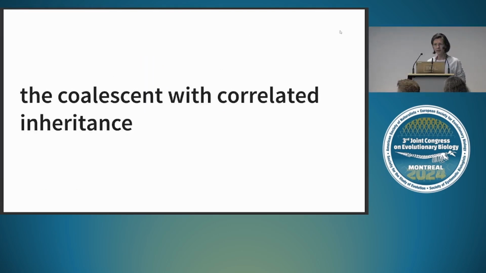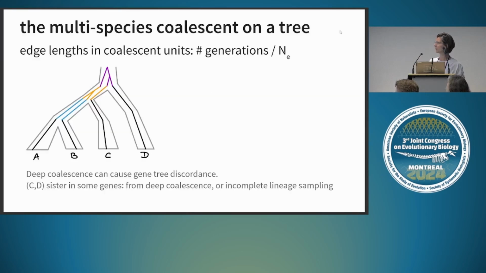So these methods need to use a coalescent model, because otherwise ILS can be confounding and we might want to use networks to just explain the discordance that is due to ILS. And the coalescent is a model to model ILS. Something that is rarely talked about is an assumption for graphs about inheritance.